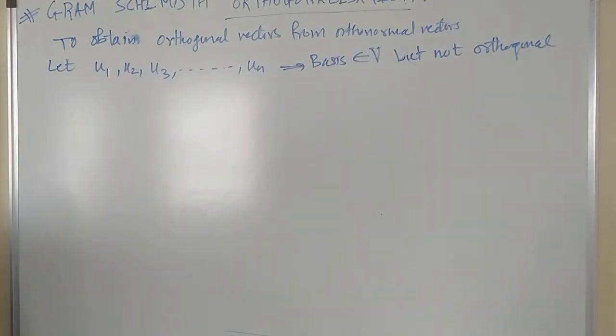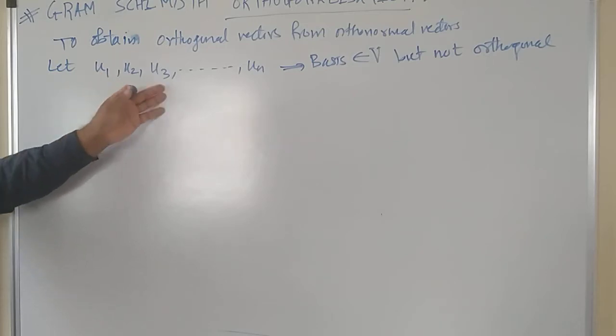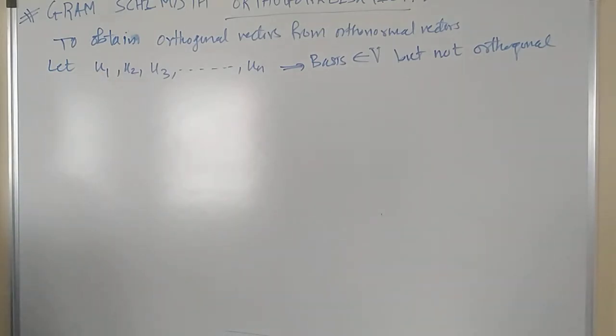Suppose u1, u2, u3 are the given vectors to you, and you have to calculate v1, v2, v3 and w1, w2, w3. So how to do that?